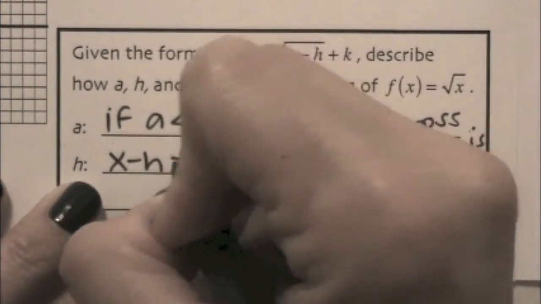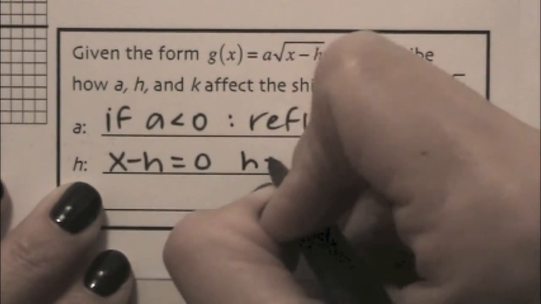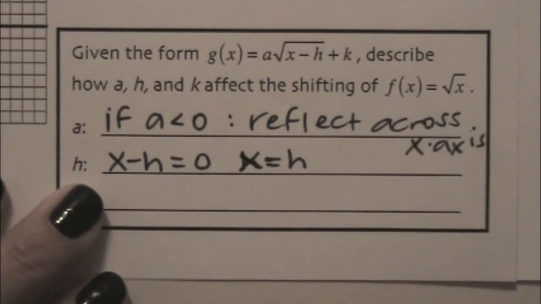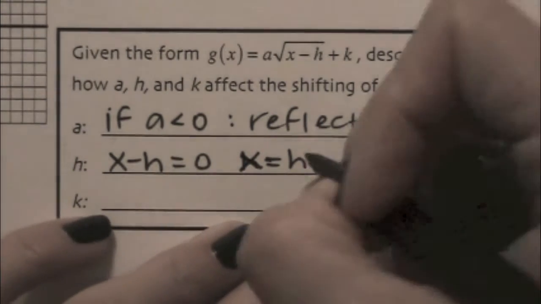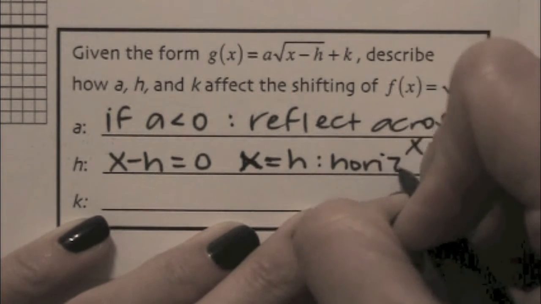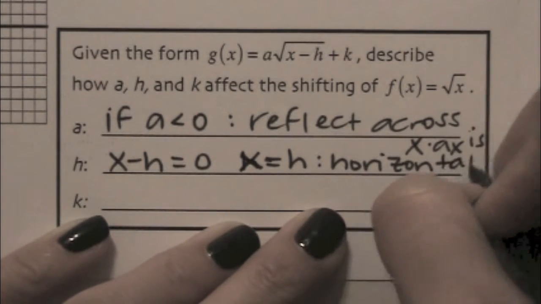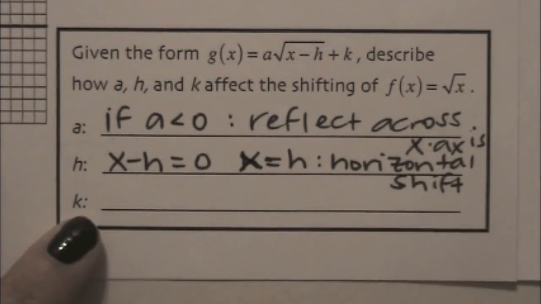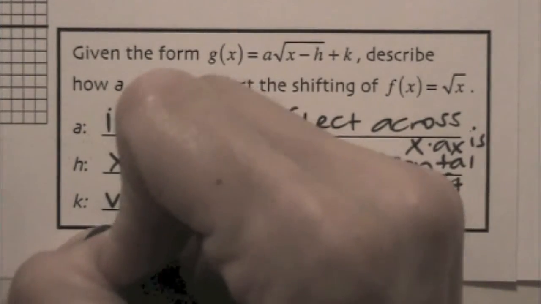H: you take the quantity, set it equal to 0, and we get x equals h. That's going to be a horizontal shift. And then k is going to be a vertical shift.